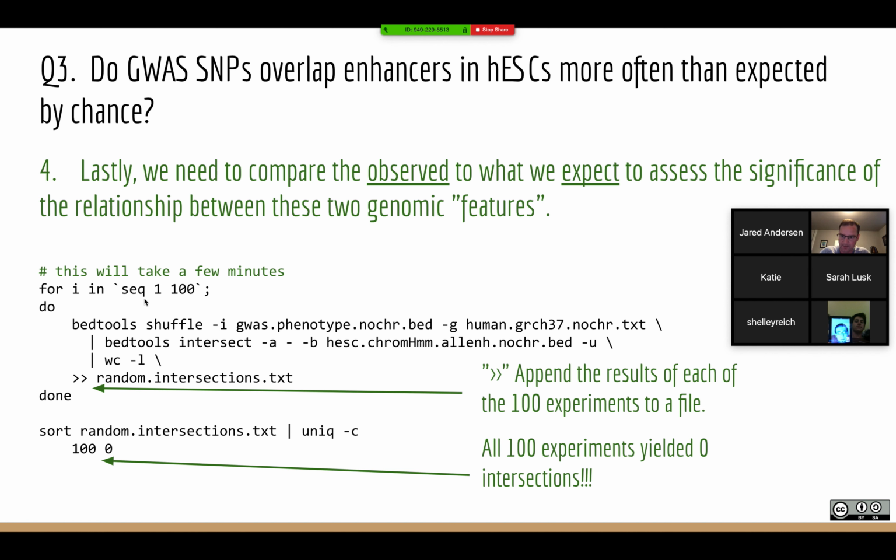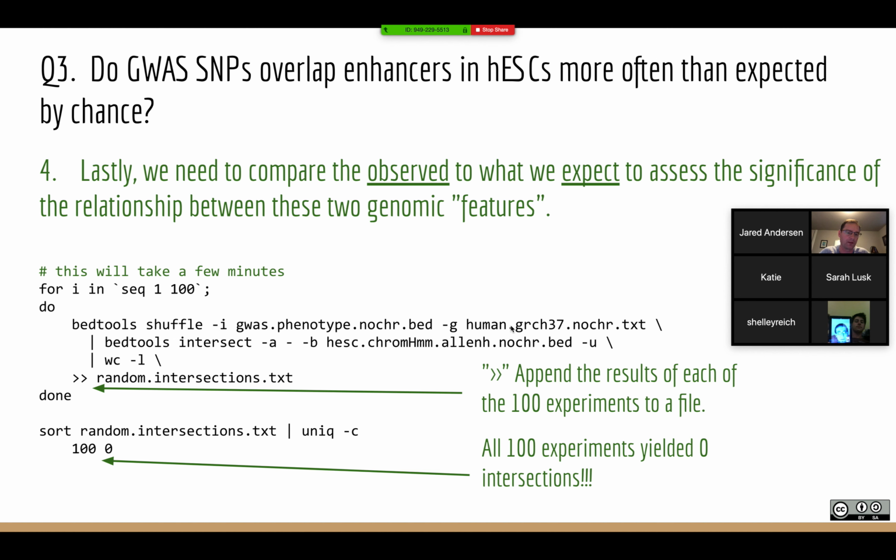So in this case, what I'm showing is how to run this command, bedtools shuffle, which takes the GWAS SNP locations. It needs this genome file, which defines the length of each chromosome, so it knows the boundaries within which it can shuffle the intervals.